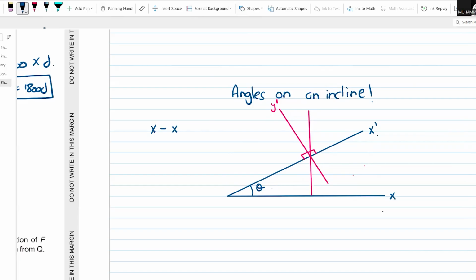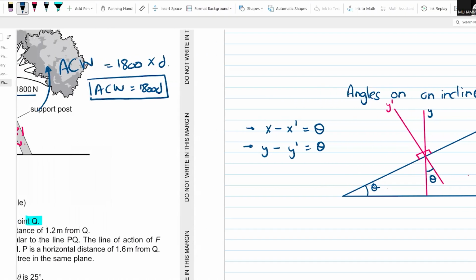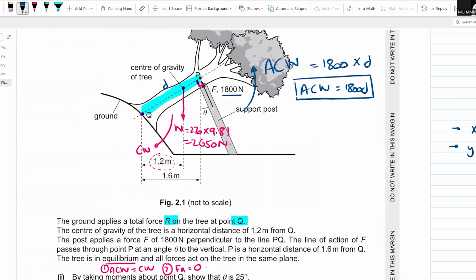If the angle between x and x prime is theta, then the corresponding angle between y and y prime will also be theta. This angle will also turn out to be theta. अगर x और x प्राइम के बीच में एंगल थीटा है, y और y प्राइम के बीच में भी एंगल थीटा होगा. Please remember this is the general rule for angles on incline.